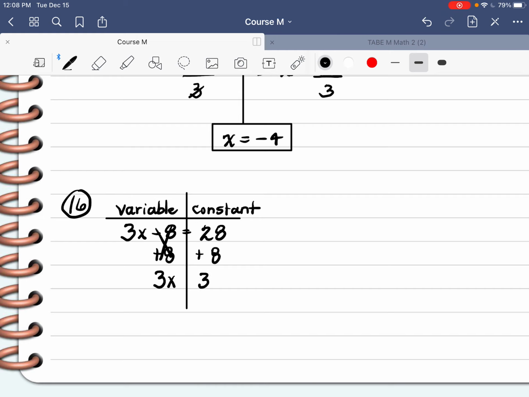Copy, divide by the coefficient 3. X is 12 on number 16.